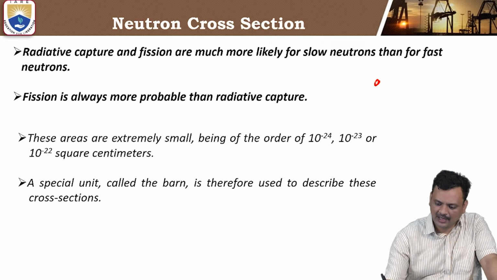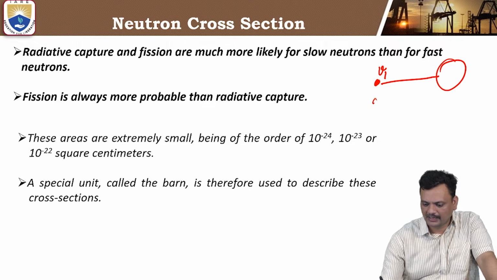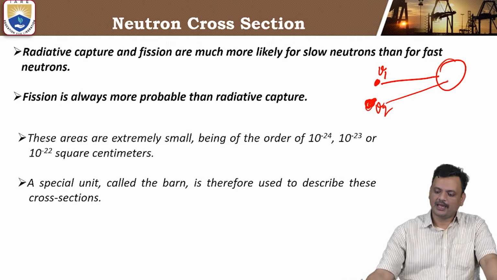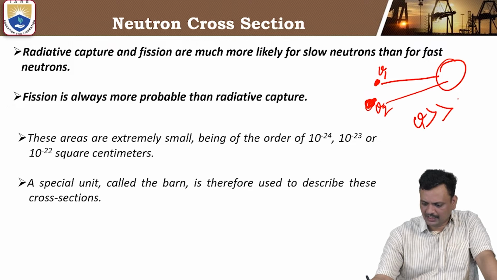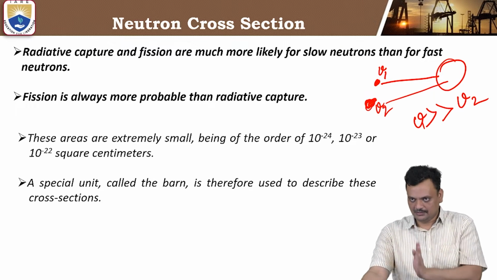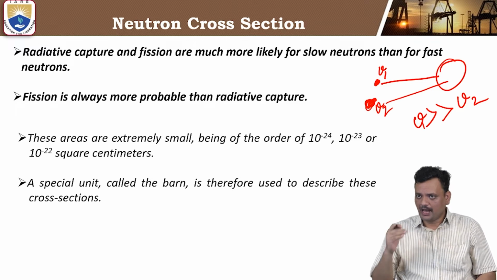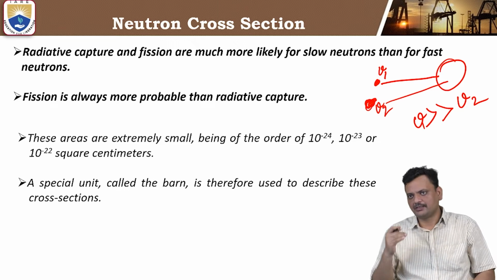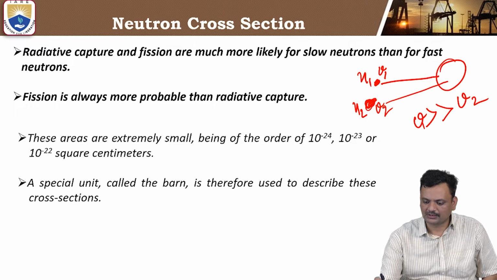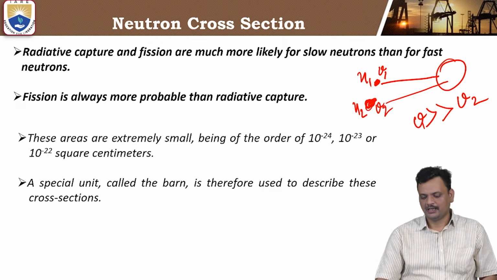For example, suppose one incident neutron approaches the nucleus with velocity v1 and another neutron approaches the nucleus with velocity v2, and v1 is very much less than v2. Both are capable of going for a nuclear reaction, meaning both have more energy than the threshold energy. But if v1 is very much less than v2, then this neutron N1, and this is N2, is more probable to go for radiative capture or fission than N2.